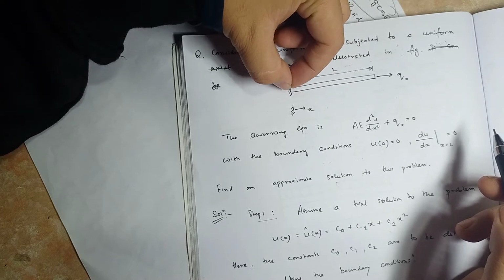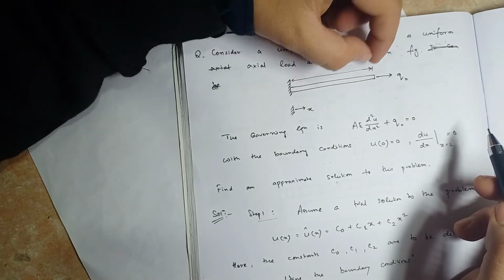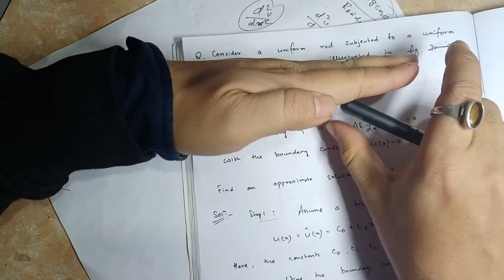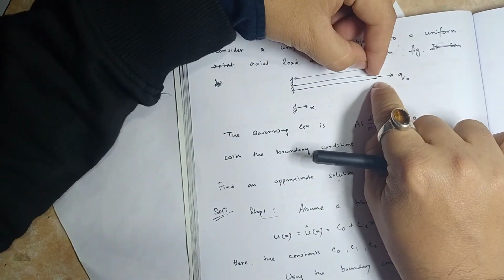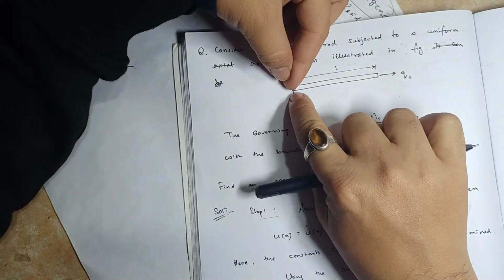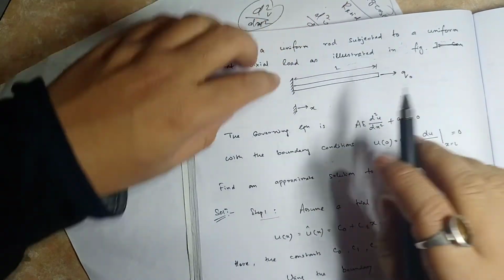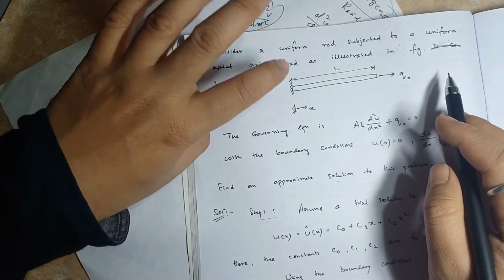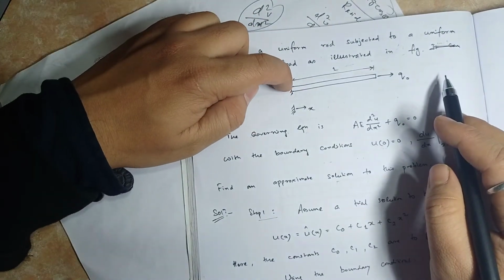You see, the displacement will be more at the end, because we are pulling it at this point. Since this is elastic, the deflection will be highest at this point and lowest at this point. This boundary will not move at all because this is fixed. Unless there is a failure, this point is fixed.